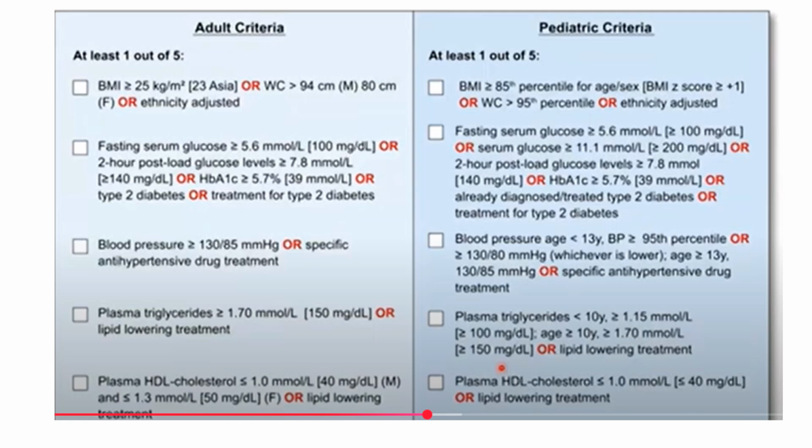Notice the BMI, the fasting serum glucose, the parameters for blood pressure, triglycerides, and cholesterol. Also notice that with hypertension and the hyperlipidemia, the use of an antihypertensive drug or lipid-lowering agent counts as positive for this criteria.